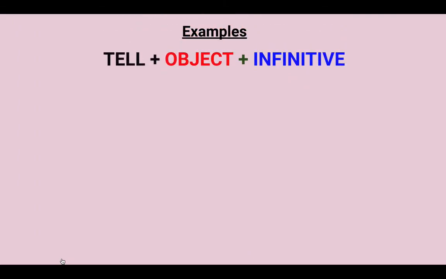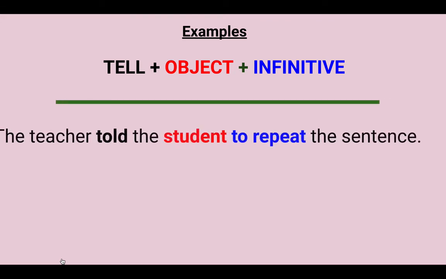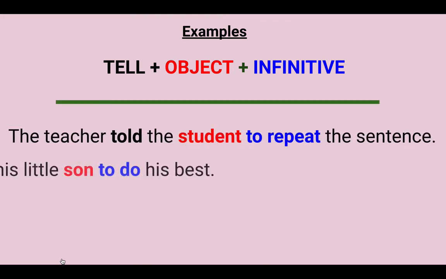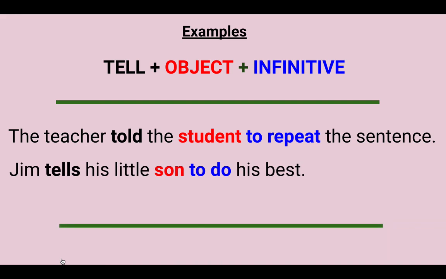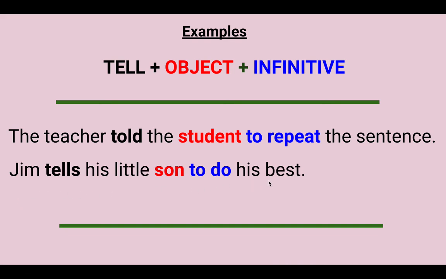And the examples coming up, number 1 is the teacher told the student to repeat the sentence. So the teacher didn't repeat the sentence, he caused the student to do it. The second example, Jim tells his little son to do his best.